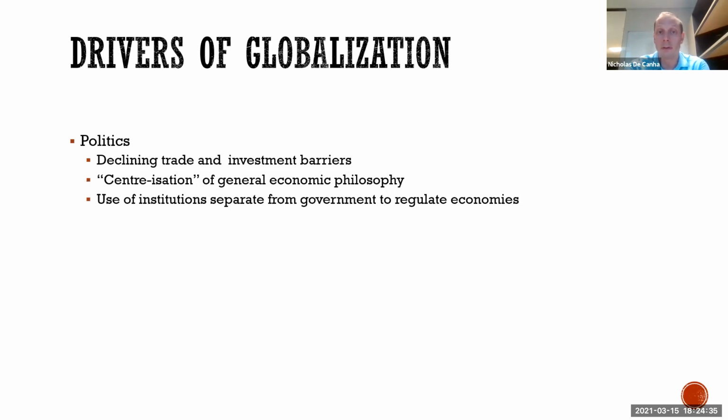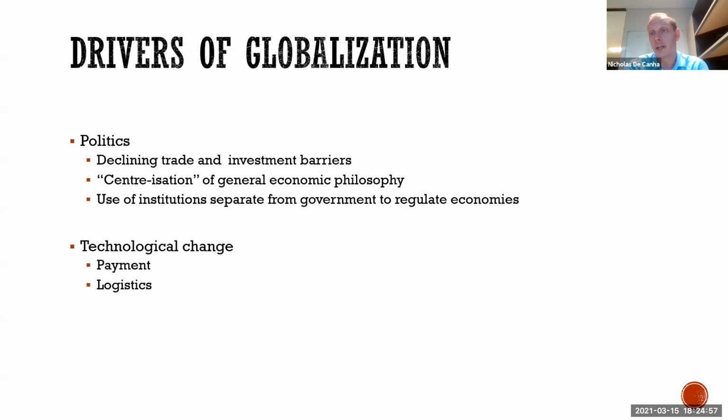As we said, you've got those barriers, and then I've put here, quite clumsily, a centralization of general economic philosophy. As I said, you've got this great movement, this megatrend over 70 years, away from what used to be leftist policies to these centrist trade policies and the separation of institutions.